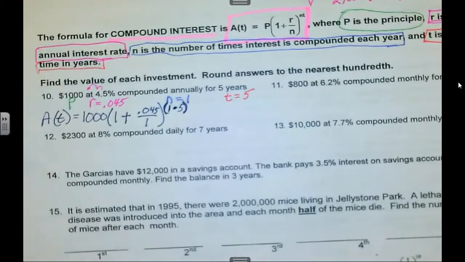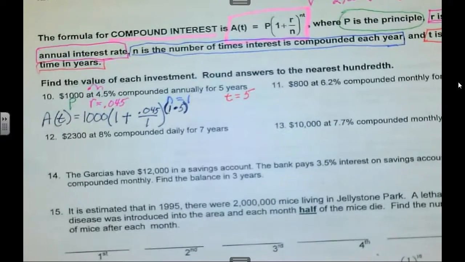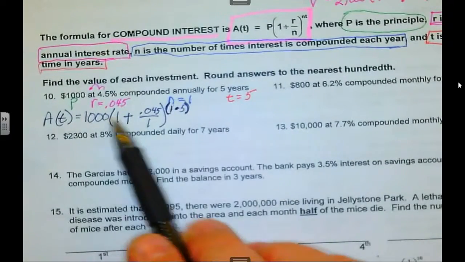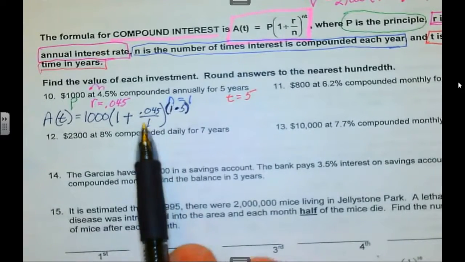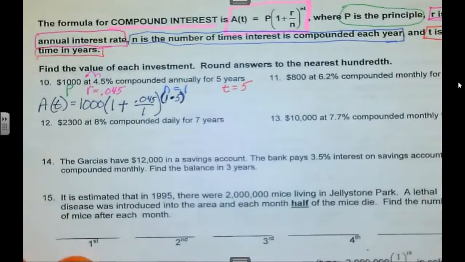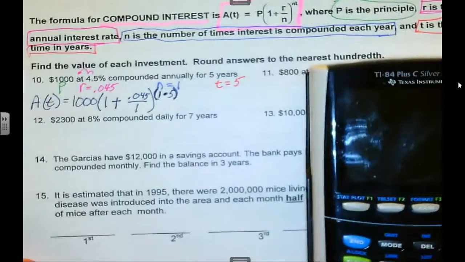Okay, so there's a lot going on with compounded interest. You have to put it in the calculator just like this. Otherwise, you'll get the wrong answer. Now, with the old calculators, we had to put the fraction in parentheses also, but you don't need to with these 84s.